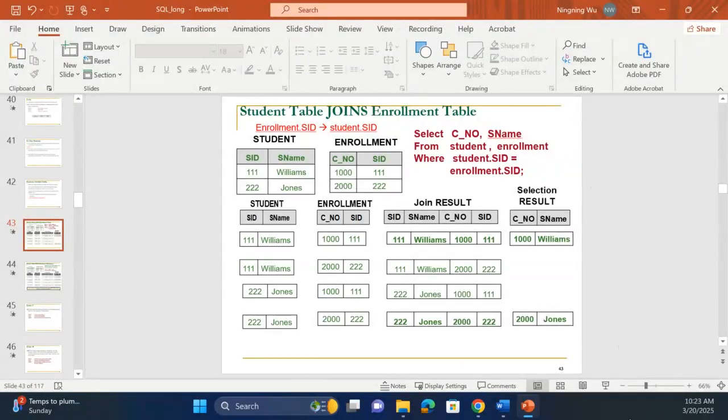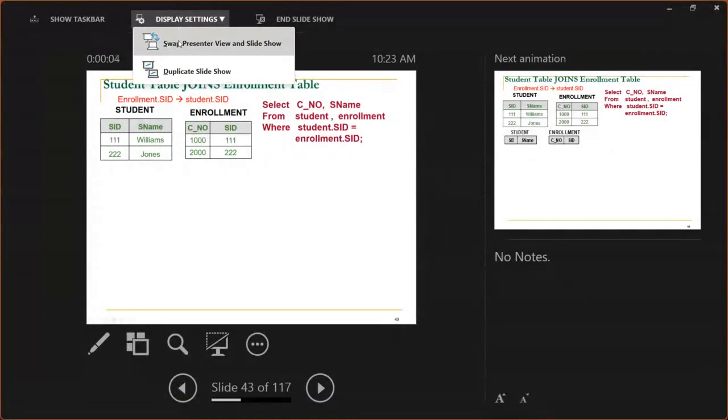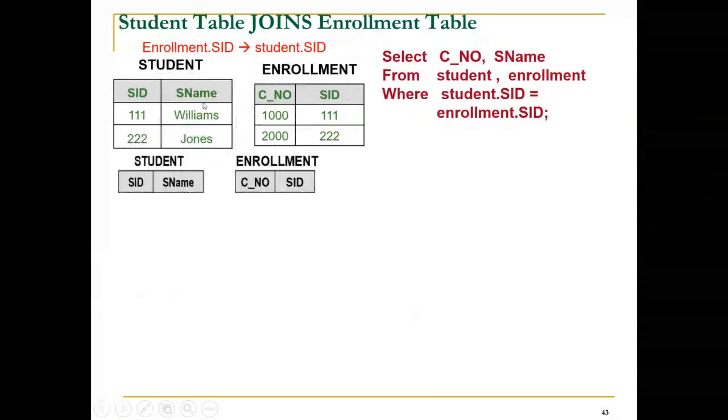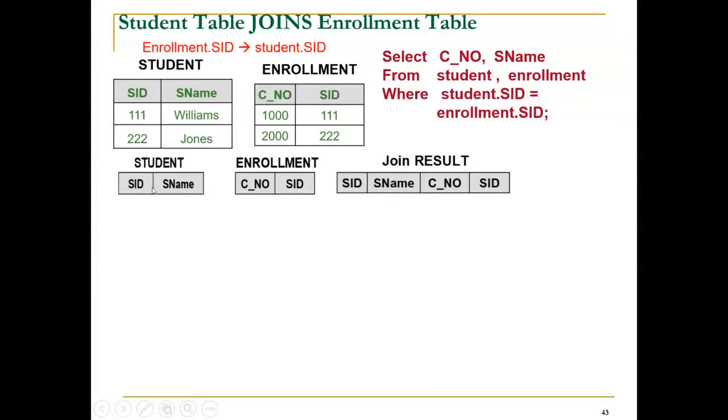So I think we can do the animation. It shows how the join is performed. This is the relation schema: the relation name and attribute names. For the join, usually we simply append the join table schemas together. So the join result schema should contain SID and S name from the student table, along with C_NO and SID from the enrollment table.